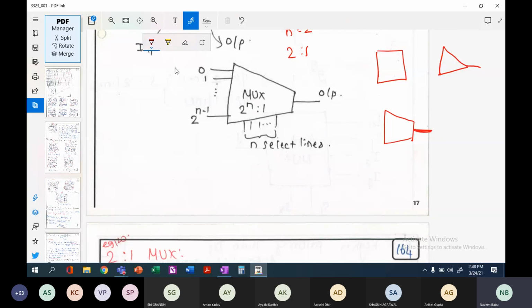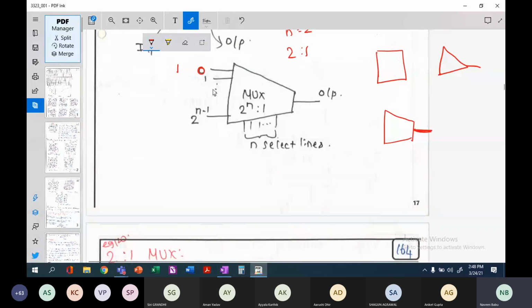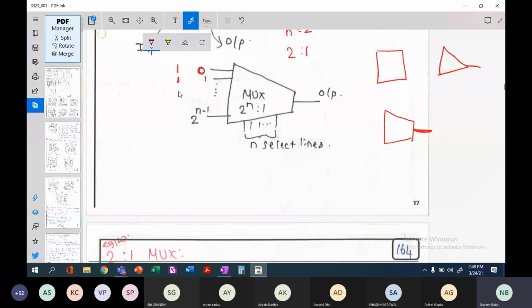Say, for example, I am trying to call somebody in Ghaziabad. Let me assume that my phone number is 0. Sashank is here, and his phone number is 1, and he is also trying to make a call. And somebody else, Pradyumn, is also trying to make a call.